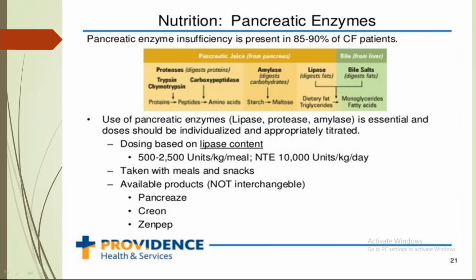Coming to the pancreatic enzymes, mostly 80 to 90% of patients with cystic fibrosis have pancreatic enzyme insufficiency.